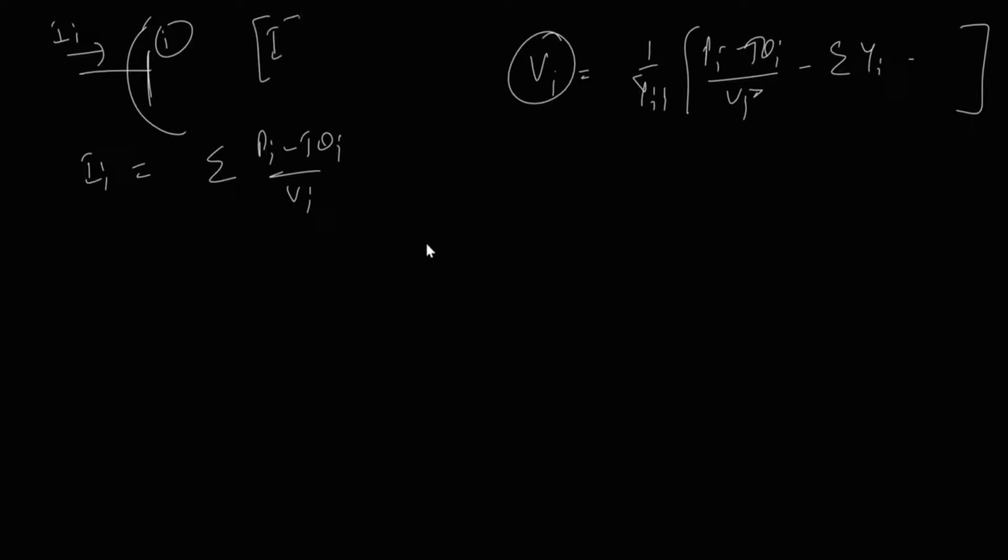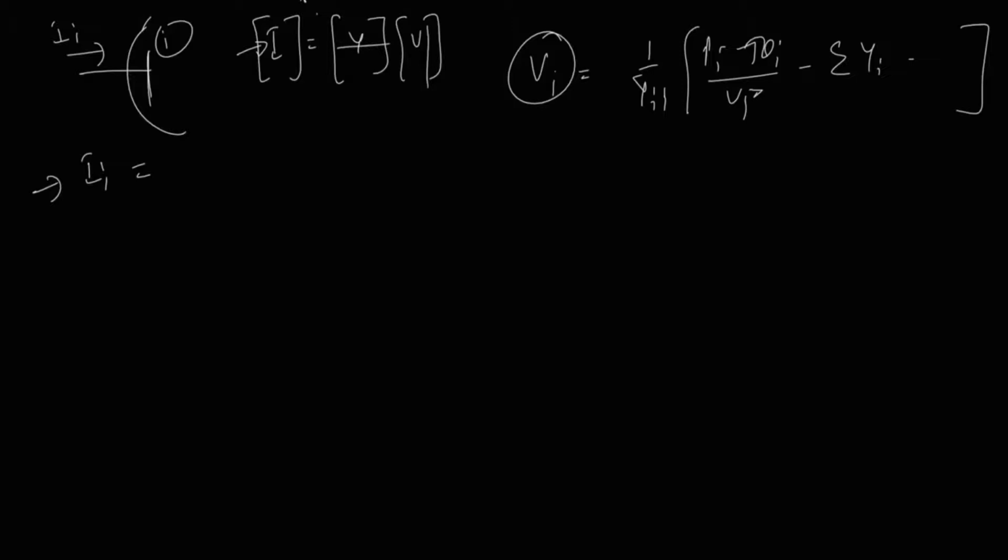What is our system representation? That is I equals to YV. So I want the ith equation in this matrix equation, that is, this ith row multiplied by this vector V. So that is summation Yij Vj, j equals 1 to n.